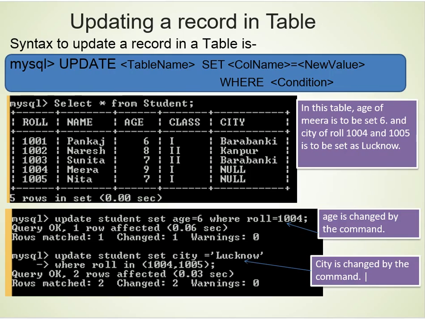See, update is the command, then the table name, set keyword, then the name of the field, equal to the new value, which value you want to assign in a particular field. Then the where clause, after that you can specify the condition: in which field you want to assign the new value and on which condition.